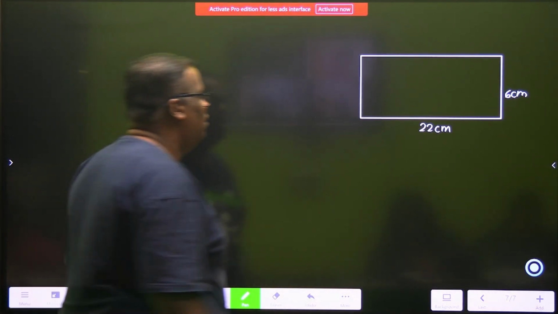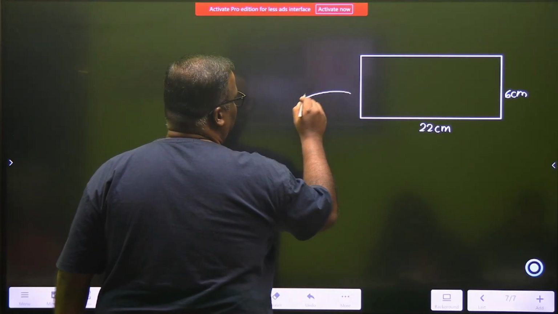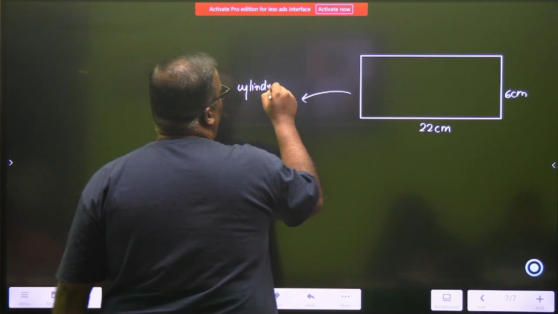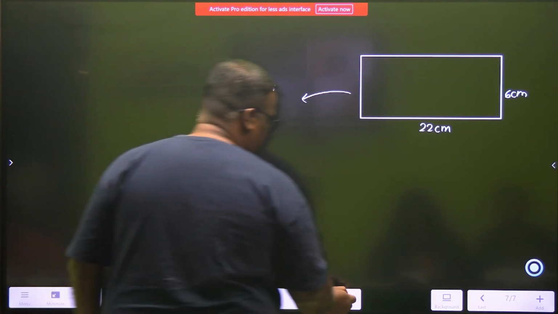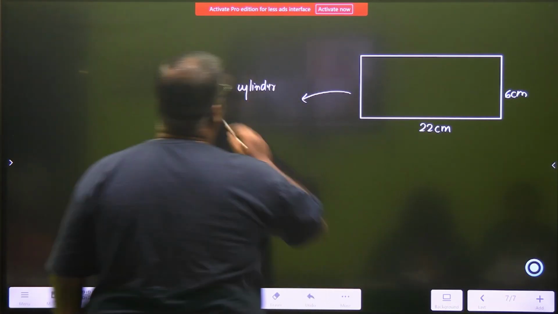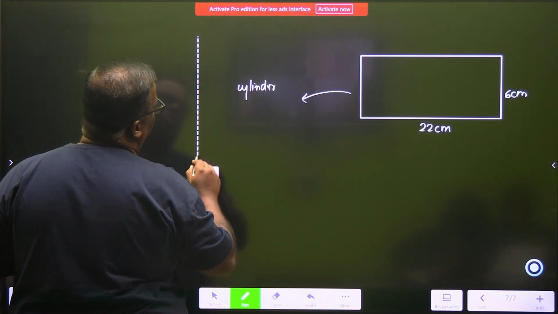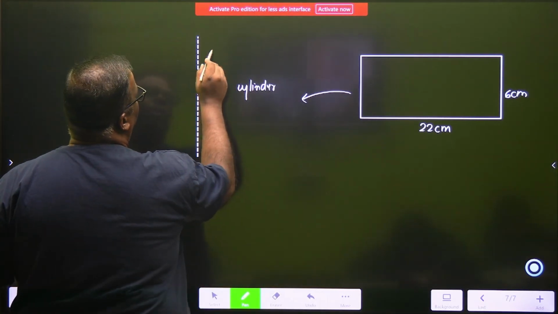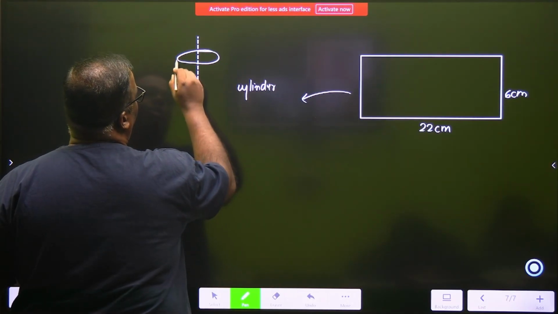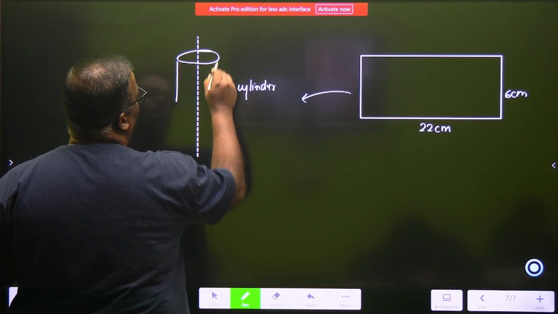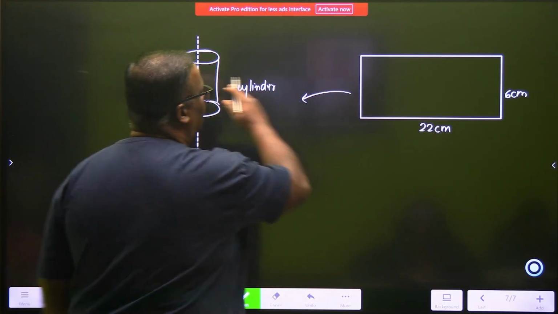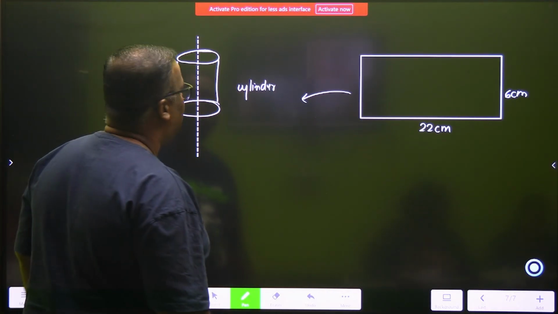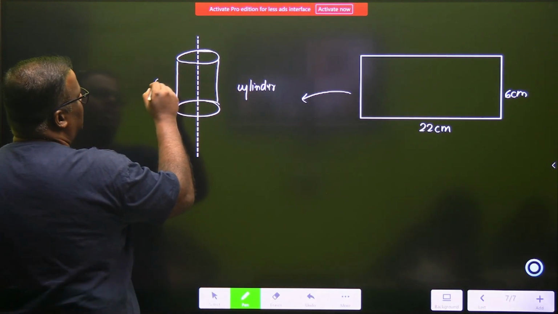From this you're turning it into a cylinder, and the cylinder's height is the same, so the height stands at 6 centimeters. Okay, fine.